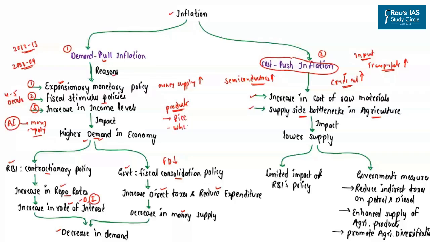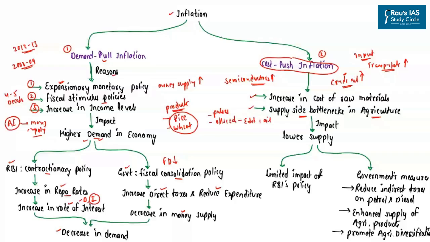Now, for example, on an annual basis, we produce more than 300 million tons of food grains. But most of these food grains are actually rice and wheat. There is less emphasis on production of other commodities such as pulses and oil seeds. Now you must understand that these oil seeds are then converted into edible oils.